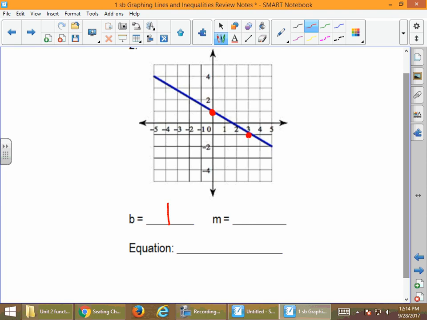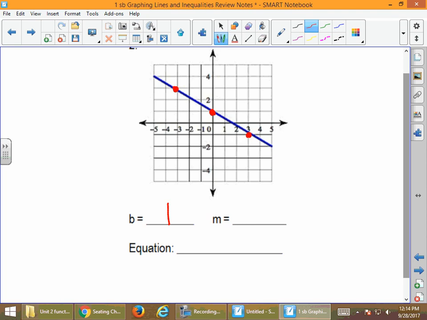Again, your picture on your paper is a little bit better than my picture up here. But to help you out, I just filled in a couple of points. And on this problem, from the y-intercept, I'm going to count rise, 1, 2, up, but then I'm going to go 1, 2, 3 to the left.